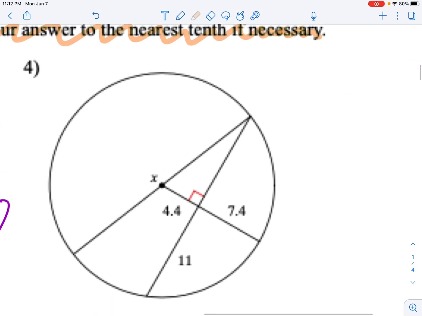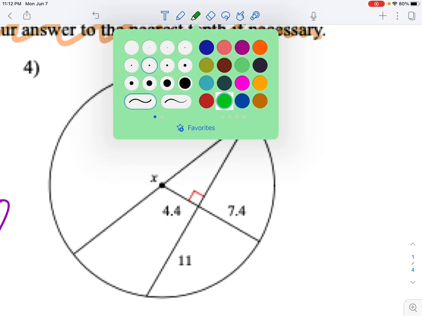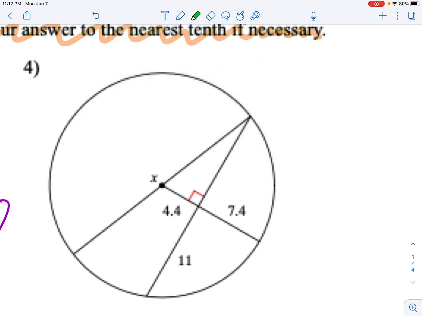Okay, let's look at number 4. Again, I'm going to remember that I have the center of my circle and my radii are equal, right? So from the center to the side is equal. From the center to the side, from the center to the side, they are equal, right?